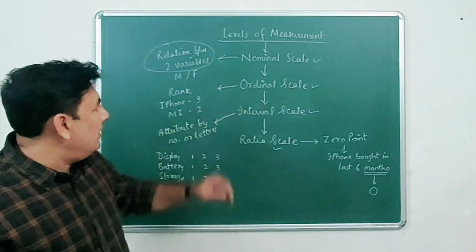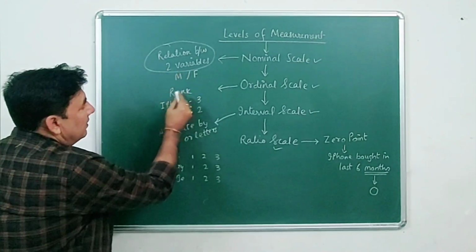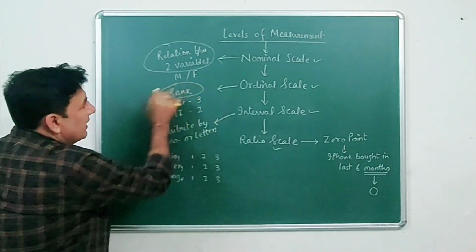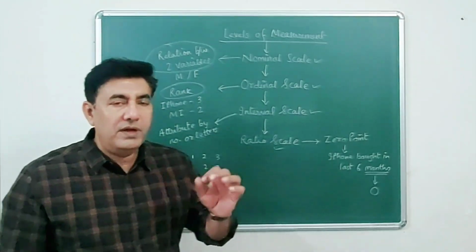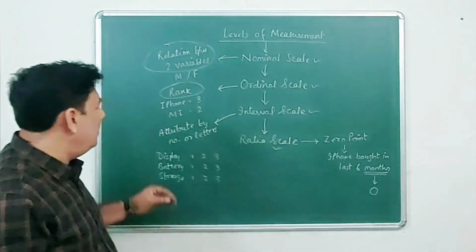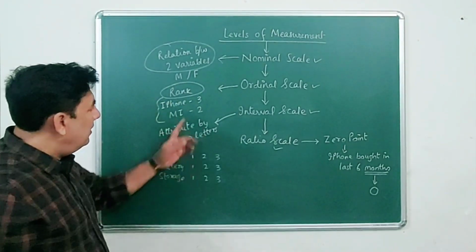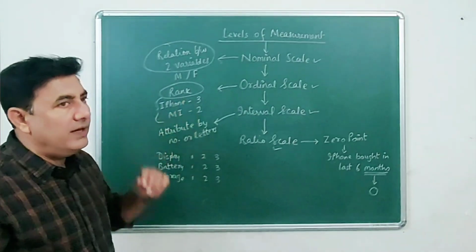Second one is ordinal scale and here, apart from these variables, one rank is added. Okay, one rank is added to the observation. How? For example, if suppose we are surveying about two phones, iPhone and MI phone.